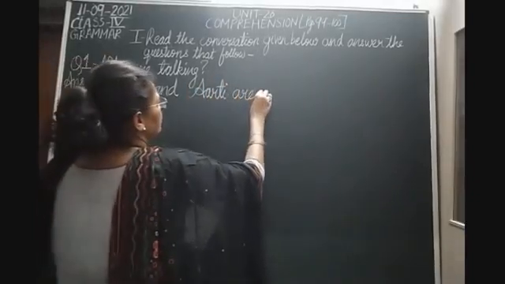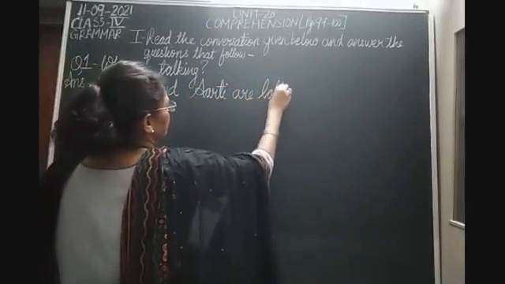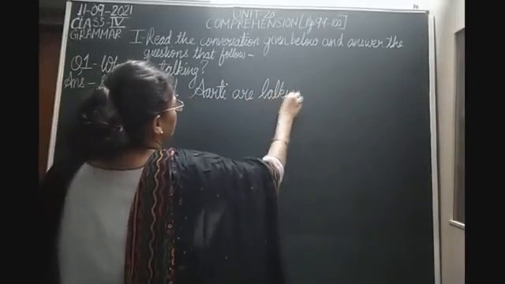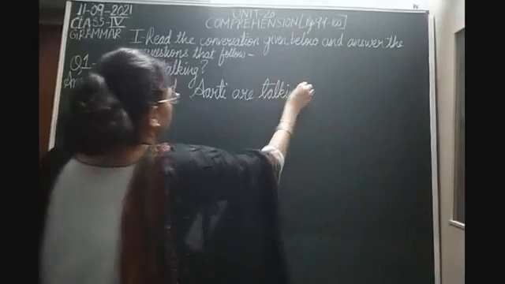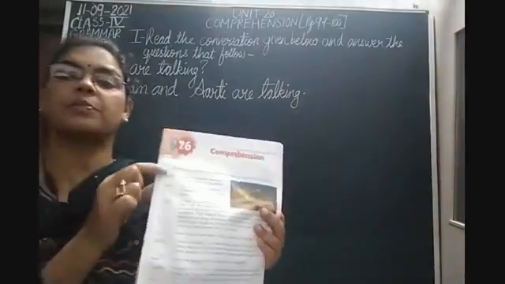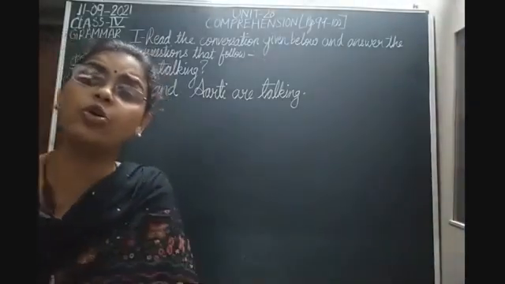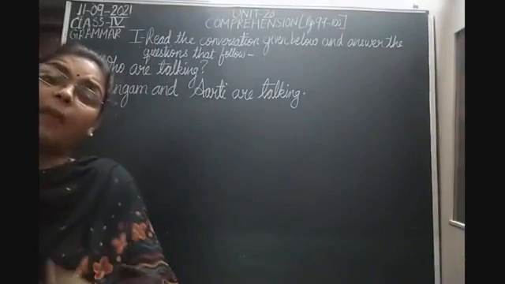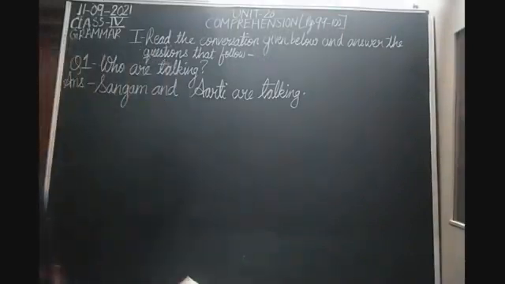This is the first question. Who are talking? संगम and आरती are talking. आपने देखा कन्वर्सेशन में यहाँ पे संगम और आरती के नाम लिखे, यही दोनों बात कर रहे हैं, है ना, और आपस की बातचीत को कन्वर्सेशन कहते हैं. क्लियर?